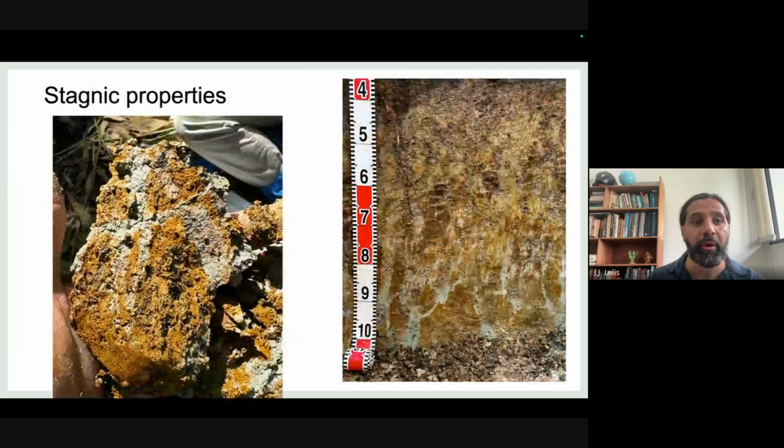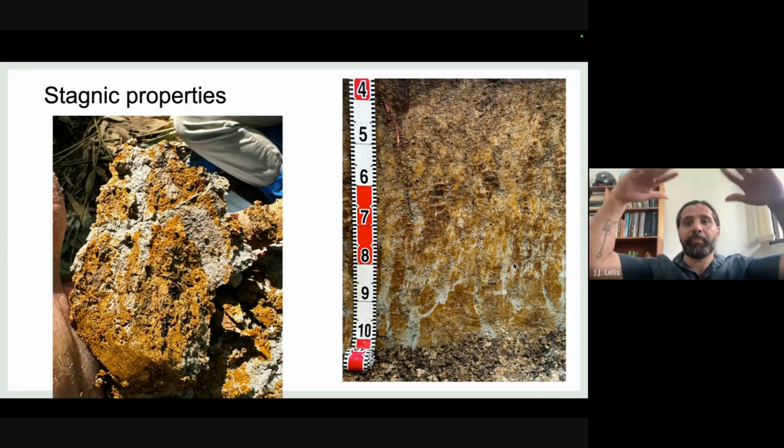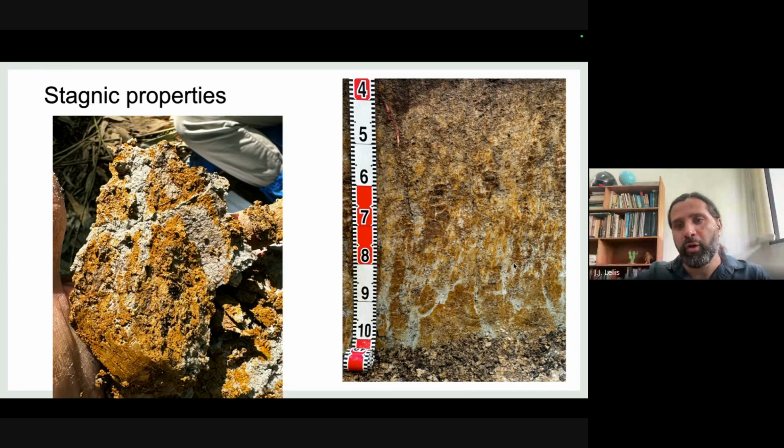The stagnic properties are the opposite. These properties you can see here, okay, this is a very typical horizon with stagnic properties. We have now some reducing conditions, but now these reducing conditions are connected to water that came from the upper horizons to below. So let's think about a soil that could be, for example, quite common in drylands, okay?